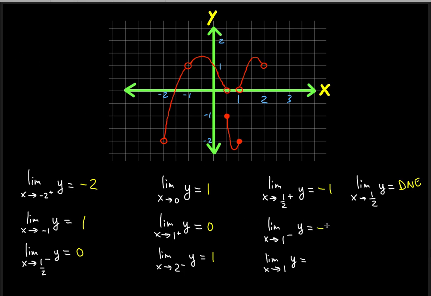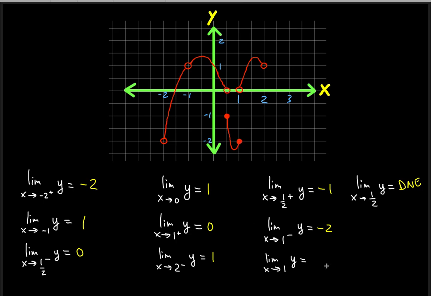Now here we're asked to find the overall limit of the y function as x approaches 1. Visually, we know at x equal to 1, there's a jump. So we right away know there's no way the limit will exist. The overall limit cannot exist because these two values for y are different. One is at 0, the other one is at -2.